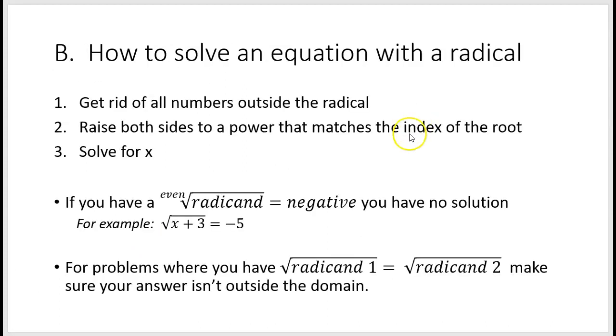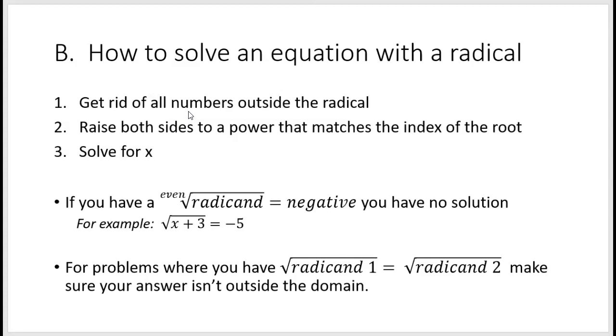All right, so now we're going to talk about how to solve radical equations. So here are our steps. Step 1 is if you have any numbers that are not underneath the radical, we're going to get rid of those first. Then the next step is the main step. We want to get rid of the radical symbol, and you do that by raising both sides to a power that matches the root.